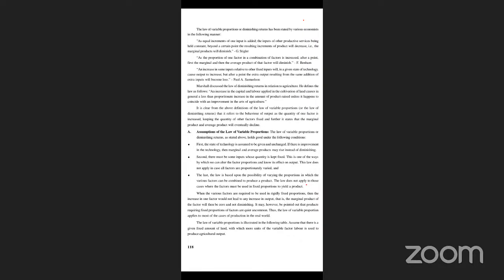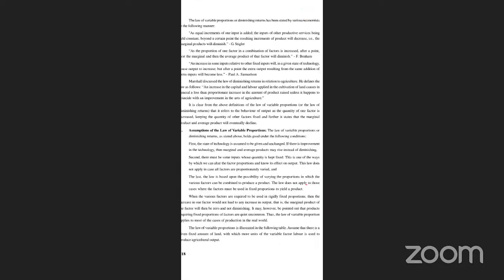Okay, the assumptions of this law of variable proportion are more or less the same as what we've understood for marginal utility. The first one: the technology is assumed to be given and unchanged. This is in the short run.